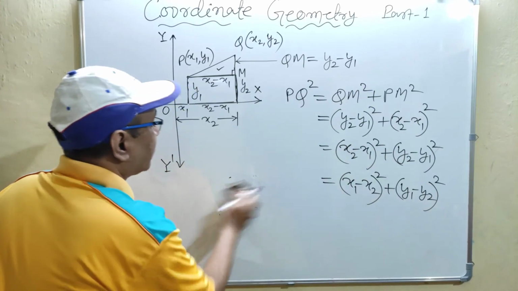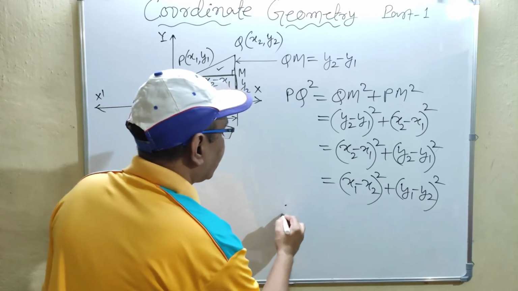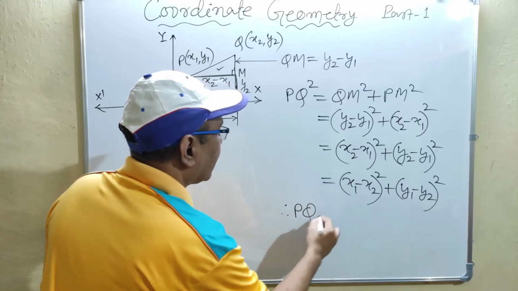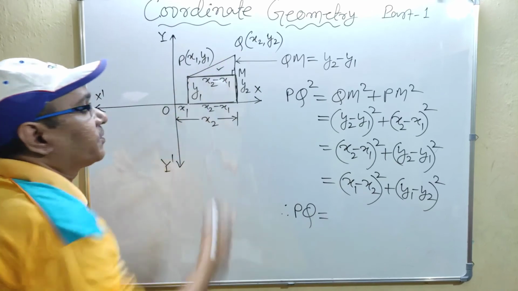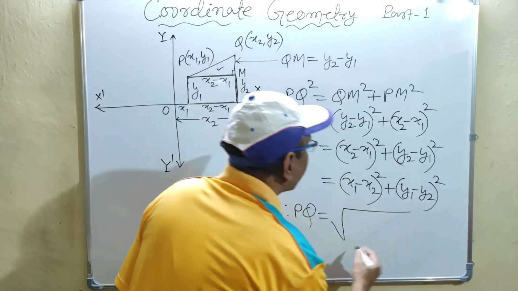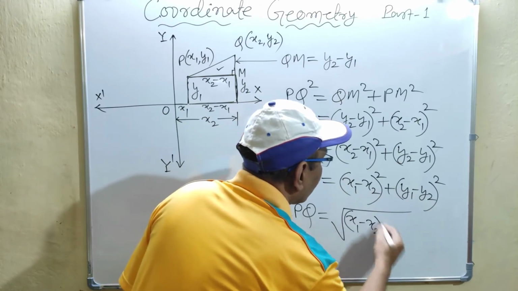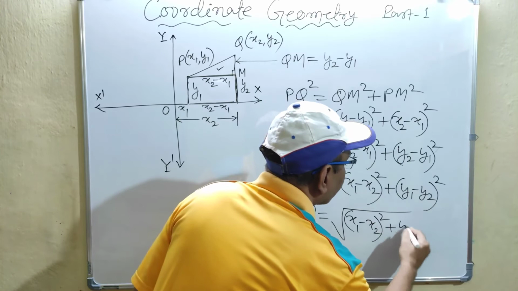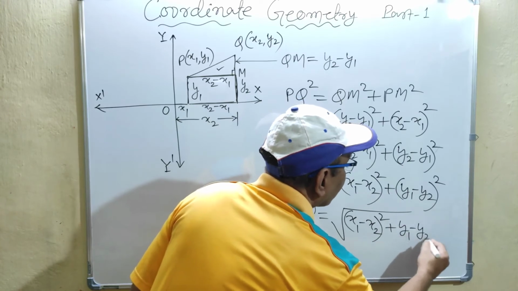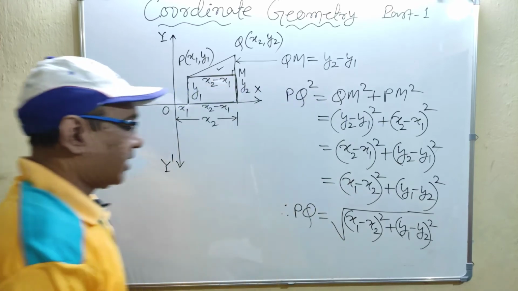So from here we can find the distance PQ. PQ distance can be written as root under x1 minus x2 whole square plus y1 minus y2 whole square, is it not?